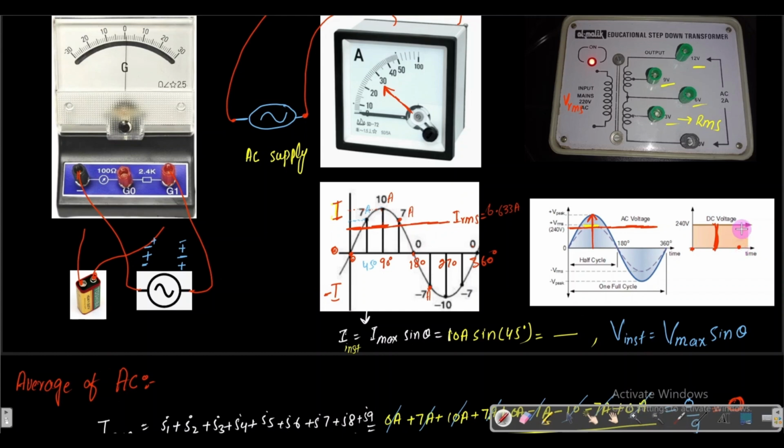At this time the voltage is the same 240 volt, and at this time that voltage is the same 240 volt. So by changing the time, this deflection will be the same, it will not change.